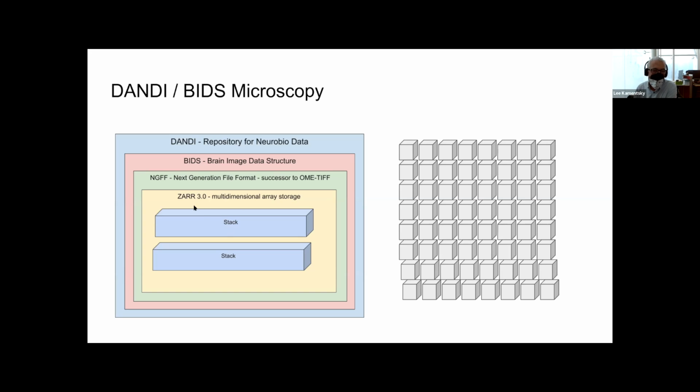And the stacks, according to the BIDS spec, have a sidecar JSON file, which stores the offset alignments between the stacks, so that you can reconstruct the stacks on the fly for display and to analyze them. And our data is stored in DANDI.